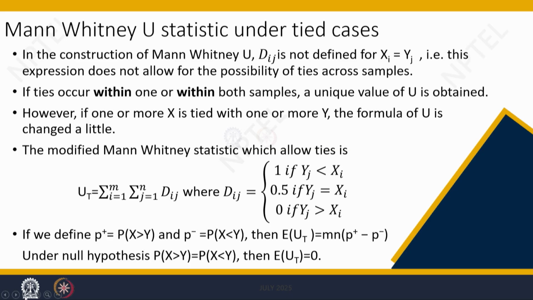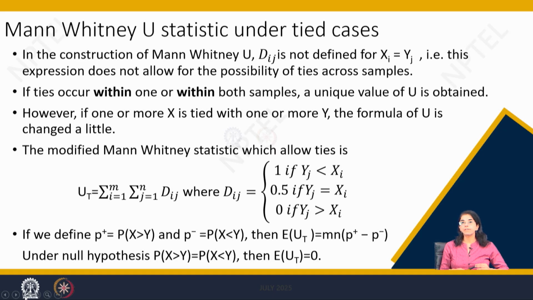But probably you noticed that we haven't mentioned what would be the situation when Yj and Xi, the jth observation of Y and the ith observation of X, are equal. So that's the point of the tie case, right?